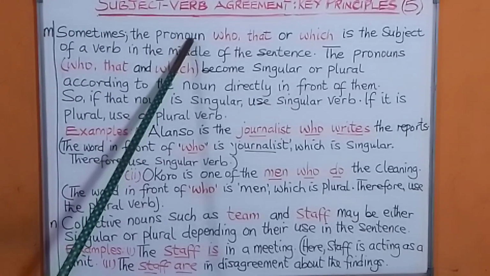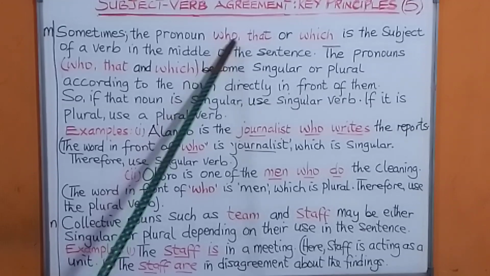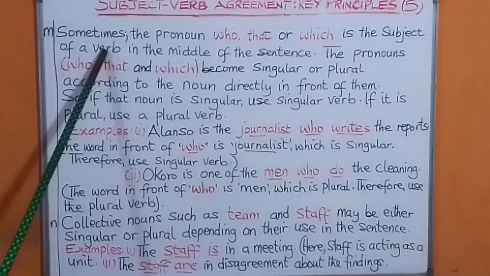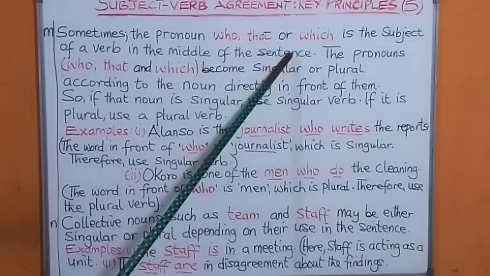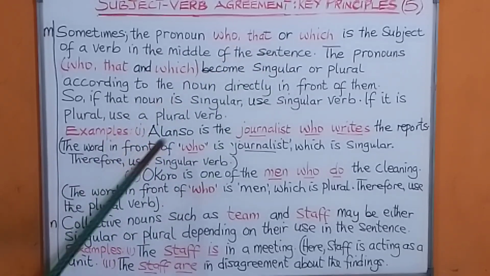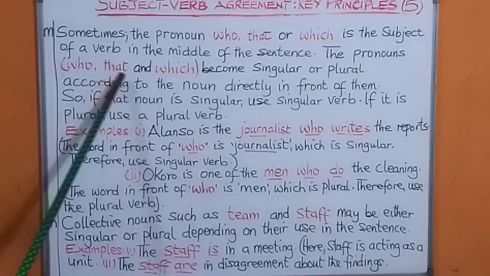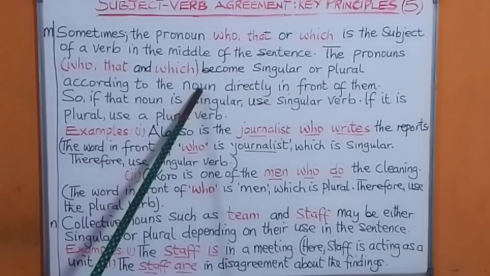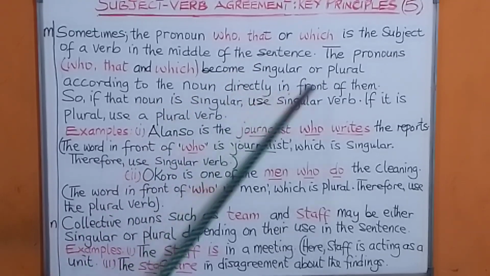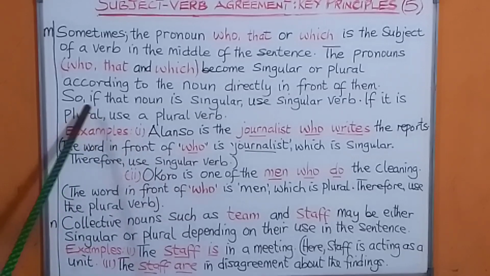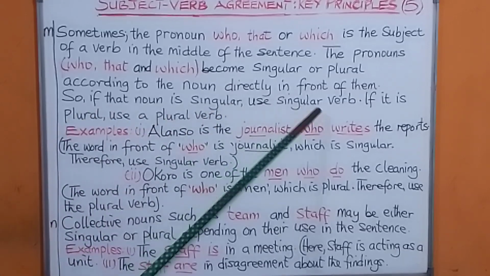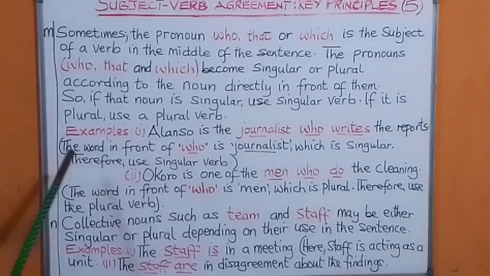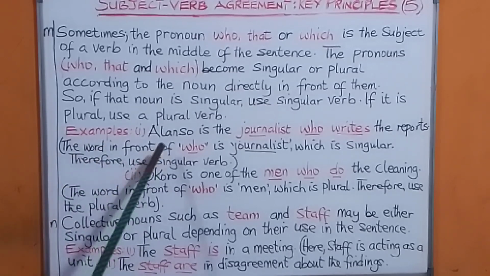Sometimes the pronoun who, that, or which is the subject of a verb in the middle of the sentence. Then the pronouns become singular or plural according to the noun directly in front of them. So if the noun is singular, use a singular verb. But if the noun is plural, use a plural verb. Let's look at some examples.